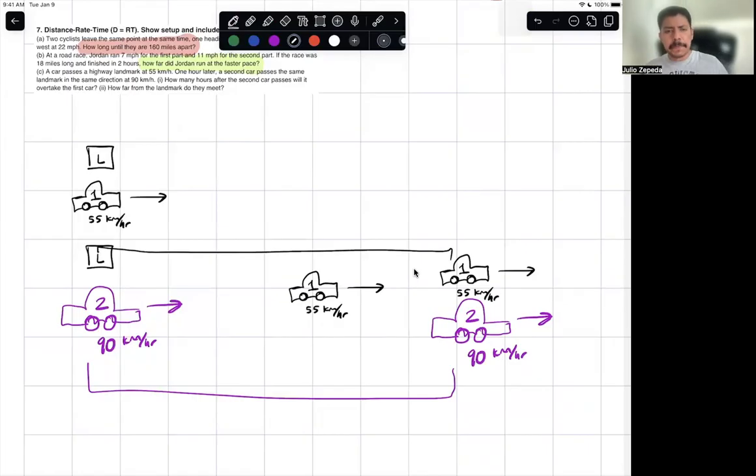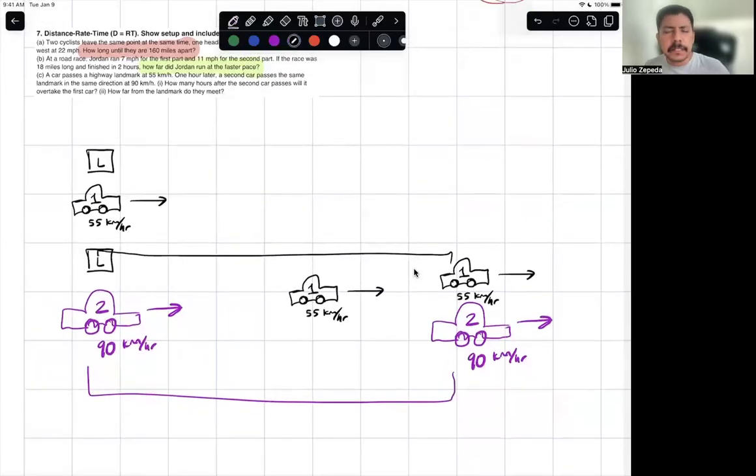Now, how much time? This is the other part we need to pay close attention to. This distance is going to be the same, but how much traveling time will pass for each of the vehicles when car two overtakes car one?